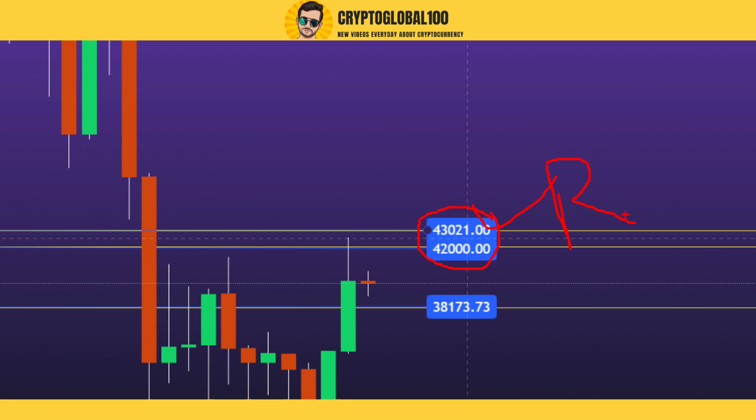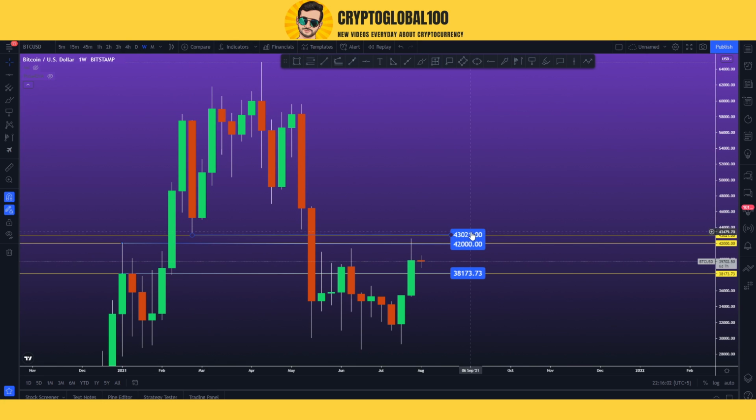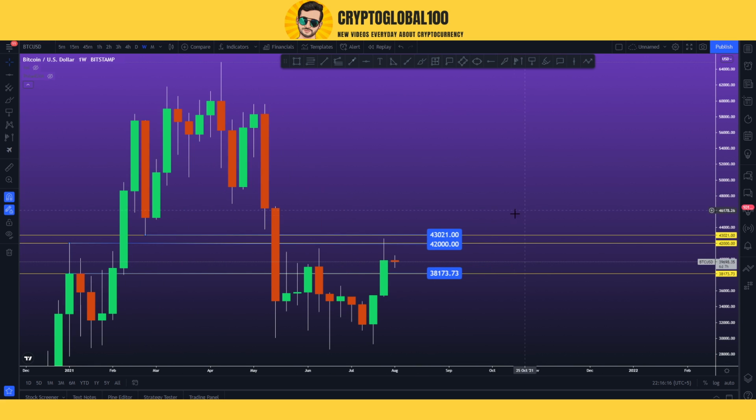You can call them the major areas of resistance we need to break above. If the price is unable to break this area, it would be very difficult for us to maintain the bullish trend. So on the upside we have this as the resistance area.